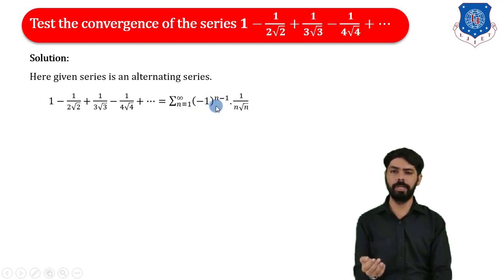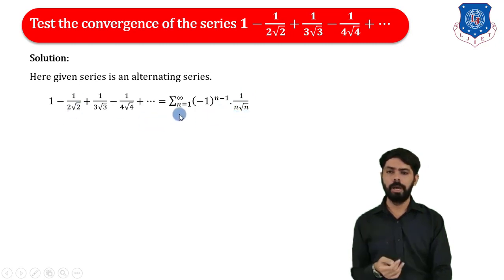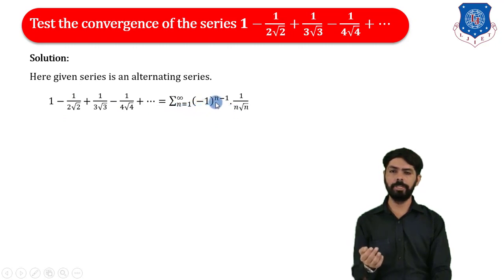So it will be minus 1 into 1 divided by 2 root 2. So the second term will be minus 1 divided by 2 root 2. Now for the third term, we will put n is equal to 3 in this. So it will be (-1) raised to 3 minus 1, so it will be (-1) raised to 2. So it will be 1 into 1 divided by 3 root 3. Therefore the third term will be plus 1 divided by 3 root 3.